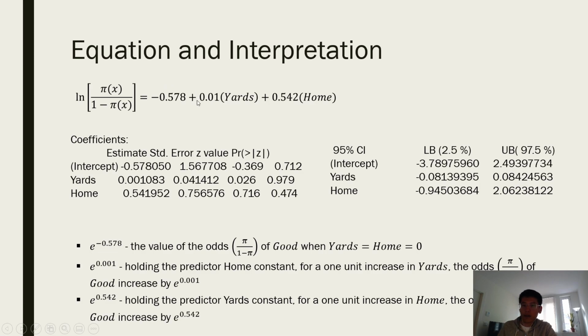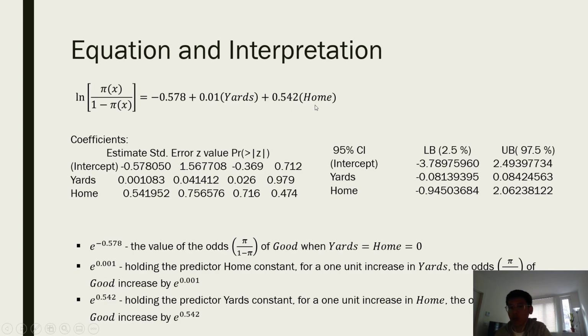But strictly speaking, you can just interpret in terms of logit. That's much easier. For example here, 1 unit increase in yards will result in 0.01 logit increase in y. Oh, sorry, holding other predictors constant.